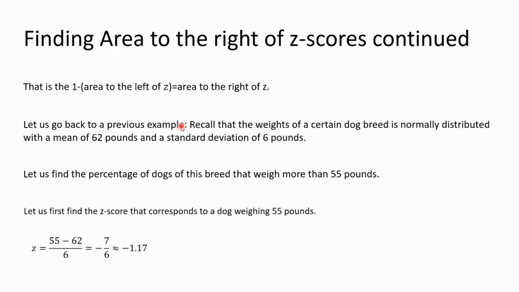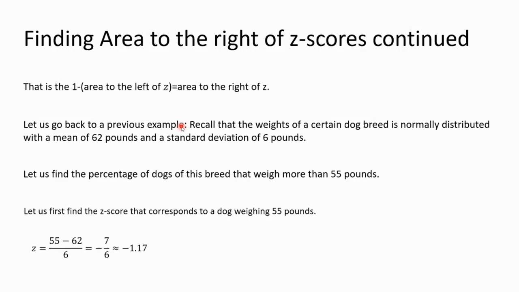So for instance, remember that example with the weights of the dog breed? We saw that the weights of that certain dog breed, it turns out that they're normally distributed with a mean of 62 pounds and a standard deviation of 6 pounds.